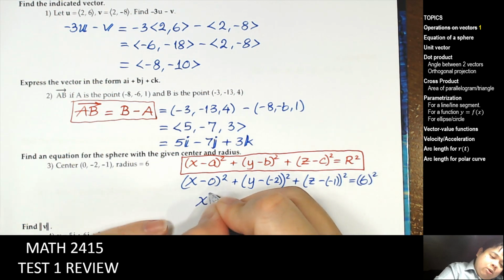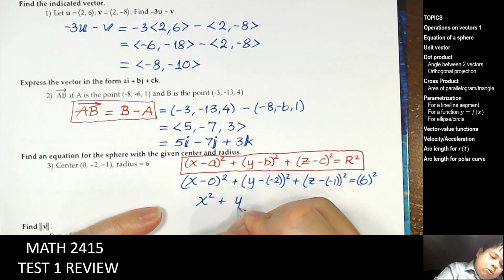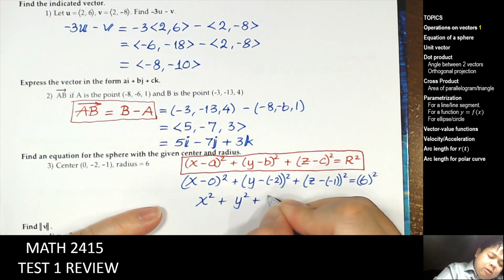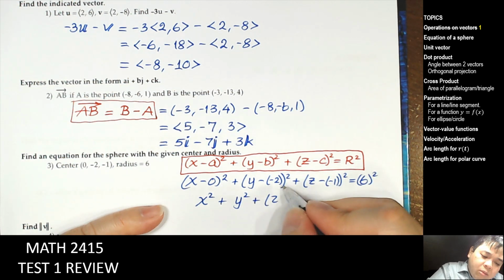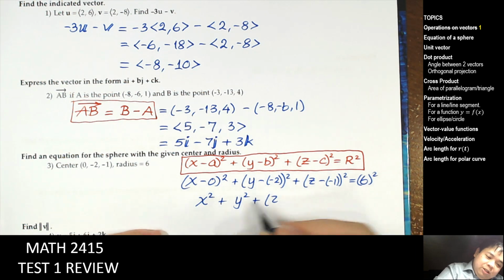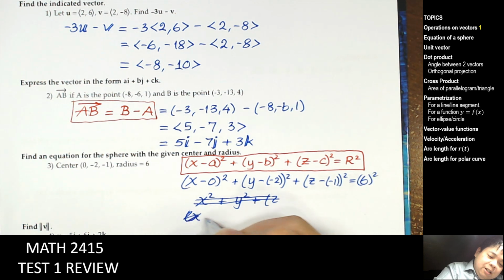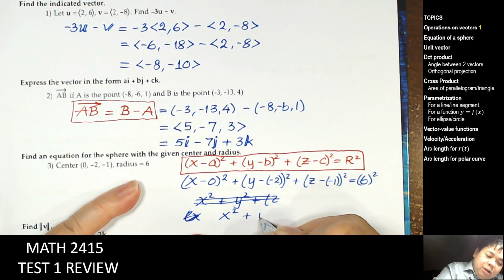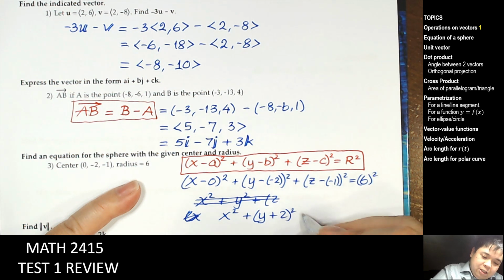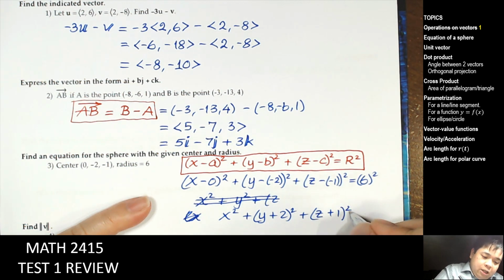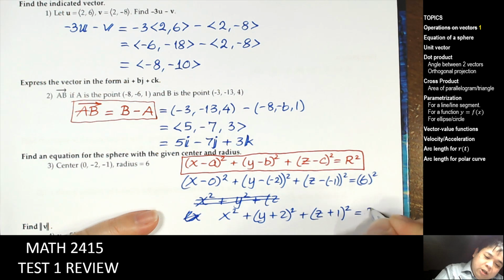So we have x square, (y plus 2) square, plus (z plus 1) square equal to 36.